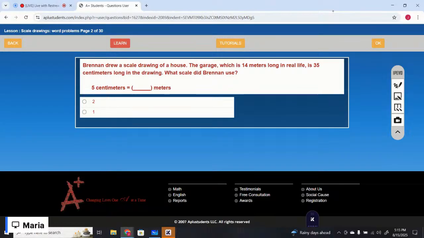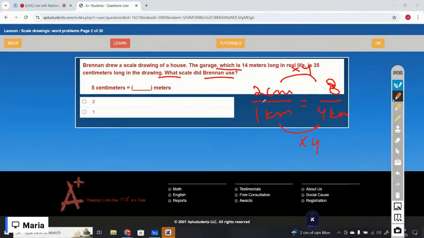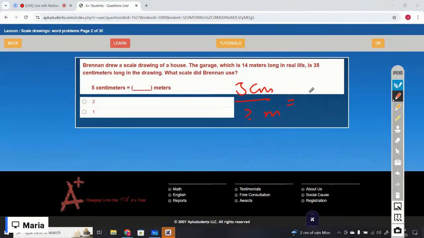Brandon drew a scale drawing of a house. The garage, which is 14 meter long in real life, is 35 centimeter long in the drawing. What scale did Brandon use? So originally the garage is 14 meters long, right? It is 35 centimeter in the drawing.